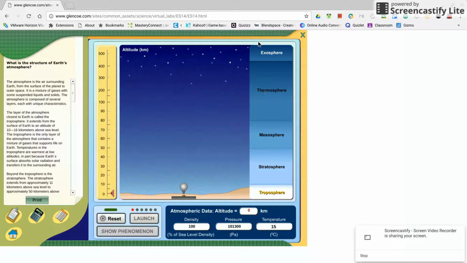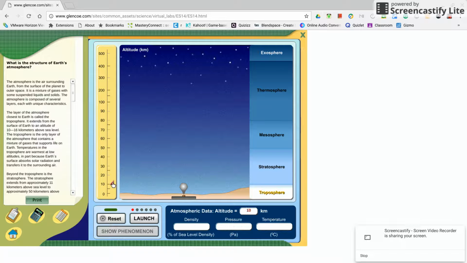And then finally, you have the exosphere, which oftentimes is thought to be a part of the thermosphere, but it's that outermost layer where we see the boundary between space and our atmosphere kind of being meshed together. There's not an actual definite line that says now you're in the atmosphere or now you're in space.